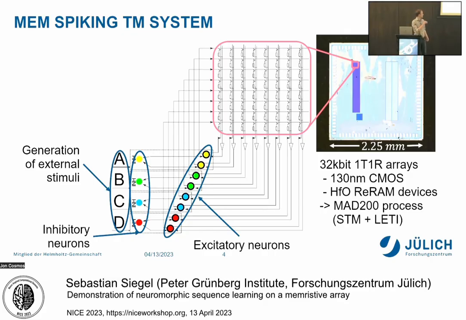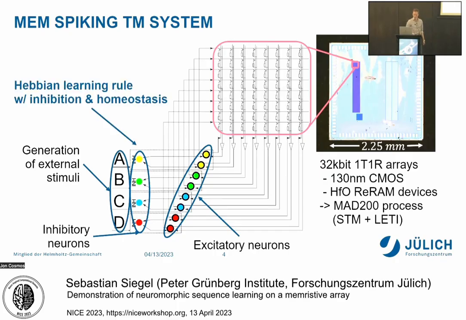It's realized in the same technology on a 32 kilobit 1T1R array. The neurons together with our memristive array realize a Hebbian learning rule with inhibition and homeostasis. The critical thing is that all the inputs and outputs to our array are controlled solely by the neurons, so we don't need any dedicated memory controller to realize the algorithm.